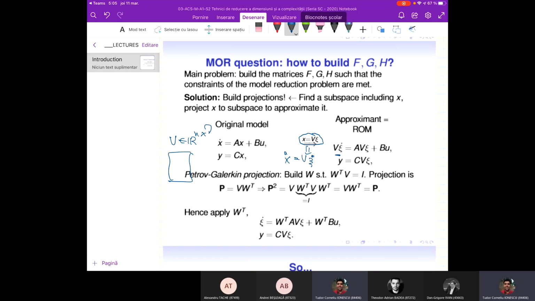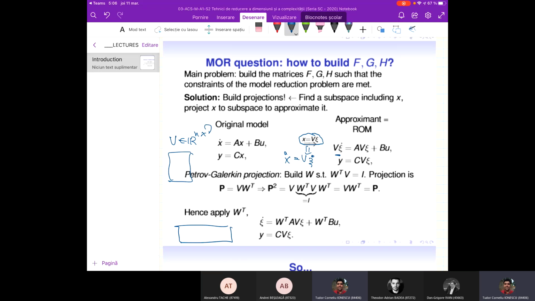You employ the so-called Petrov-Galerkin projection. This is what people in model order reduction do. So you build another matrix W such that W transpose V is the identity. Okay. W transposed is a wide matrix, so W is again tall.